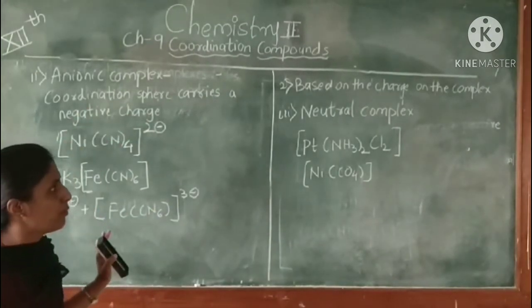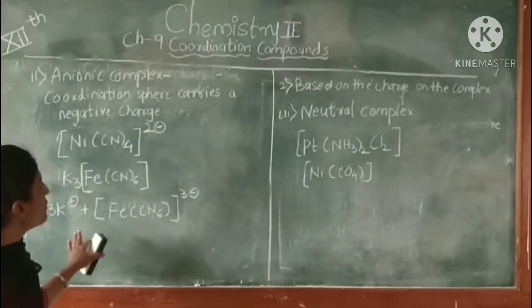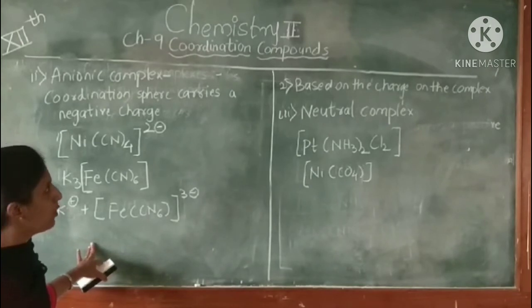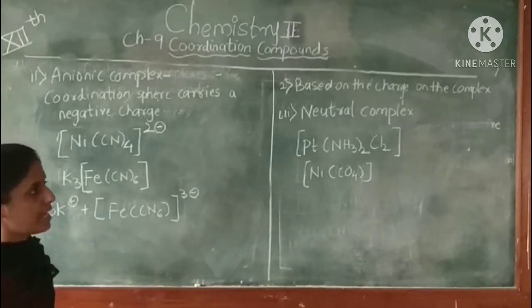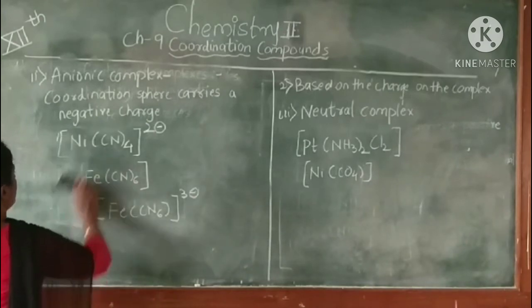This is the classification based on the type of charge on the complex. We have seen 3 types, that is cationic complexes, anionic complexes and neutral complexes.